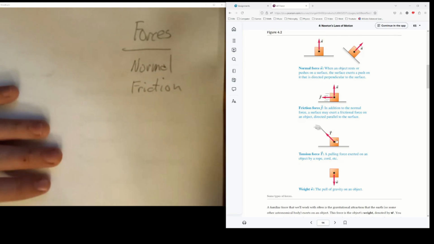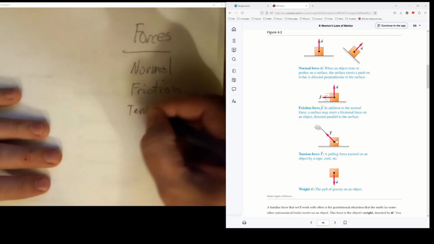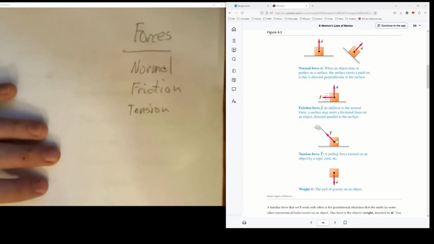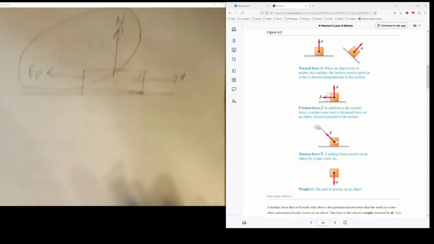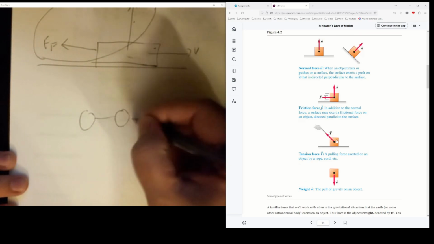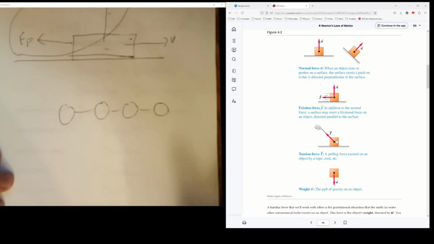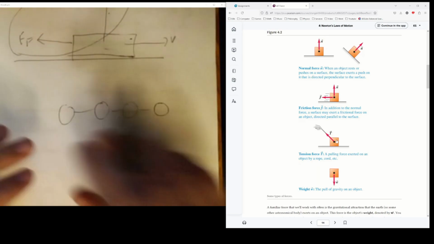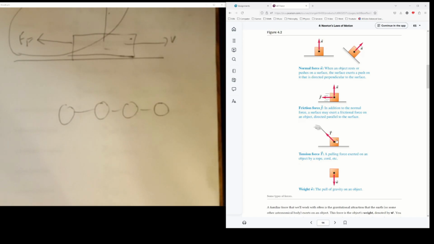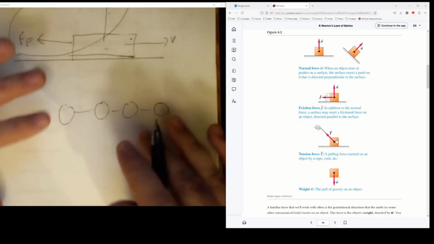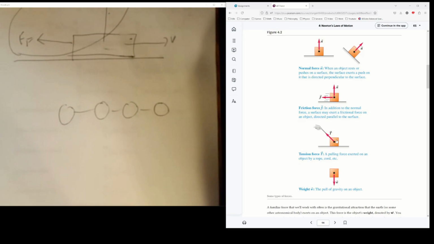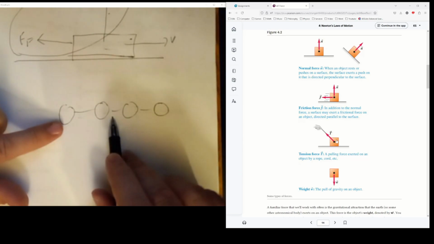If we look at this third one, it is tension. And tension, again, is the result of what happens at the atomic level. Because a rope is made of, I'm just going to make a string of atoms here, even though a rope is made of many, many atoms. But our ropes for this level of physics, I always like to say, are magical because they don't stretch at all.